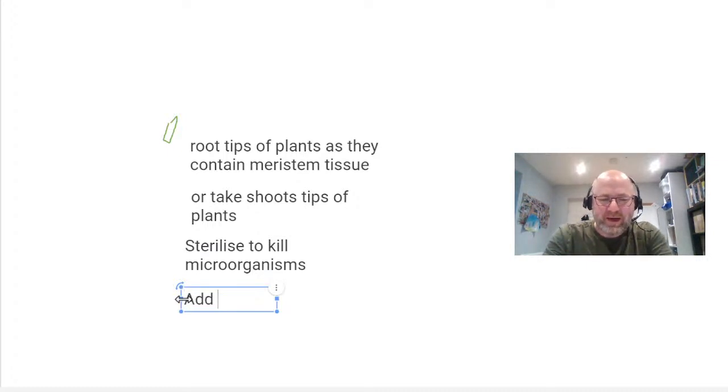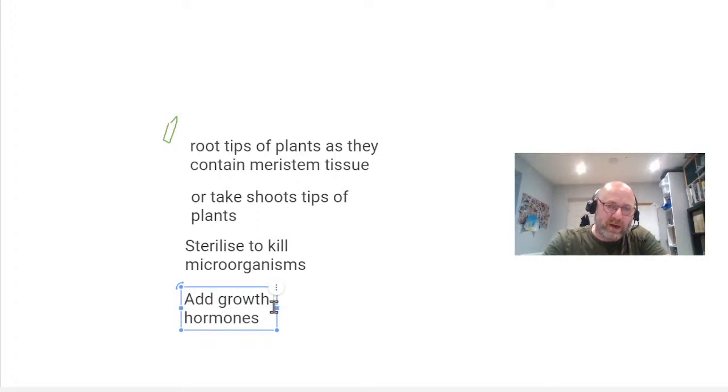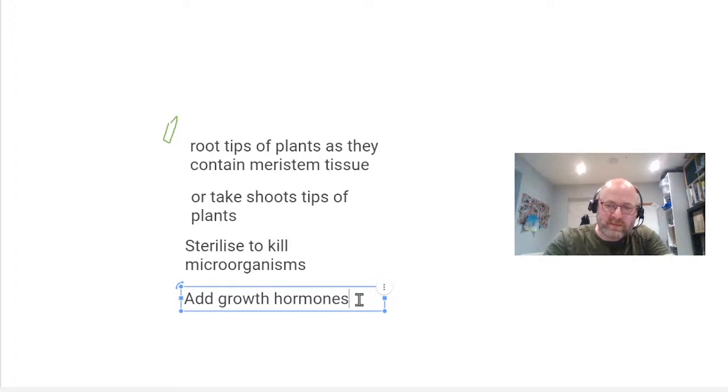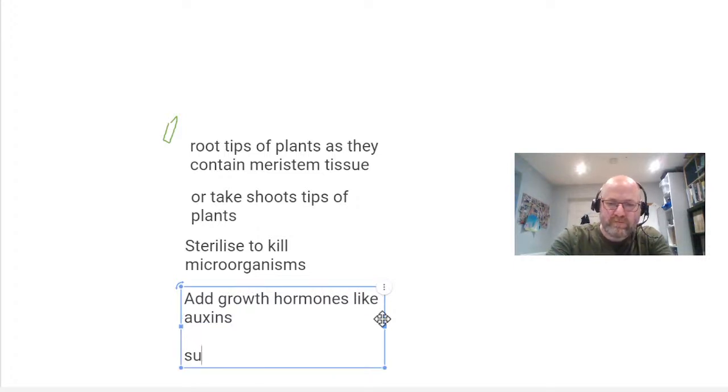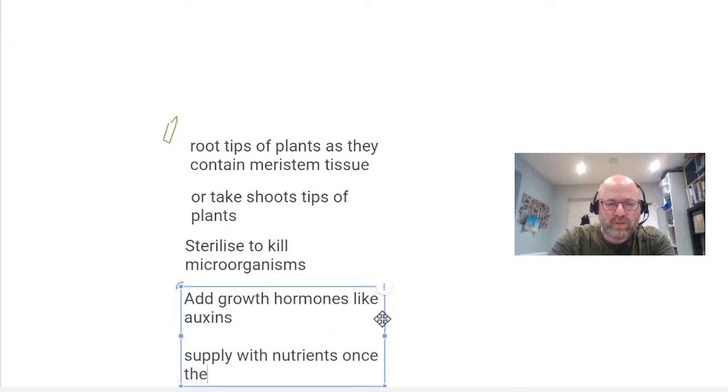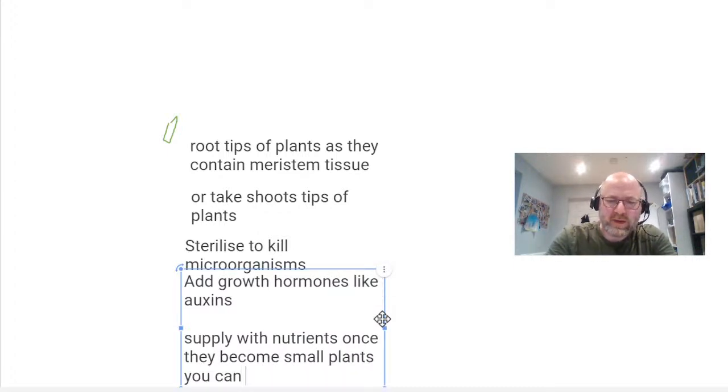So add growth hormones like auxins, supply with nutrients. Once they become small plants, you can put them in pots.